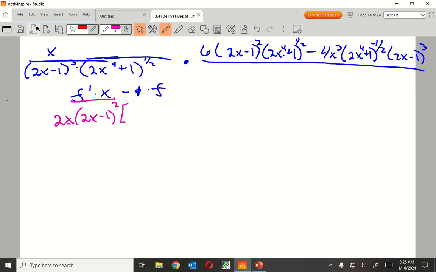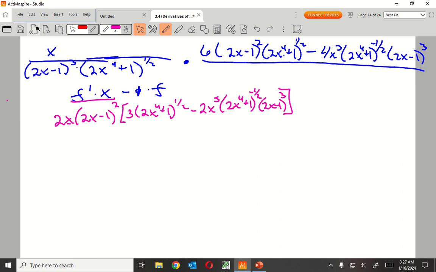And by doing that, it was 3 quantity 2x to the fourth plus 1, 1/2 minus 2x cubed, 2x fourth plus 1, negative 1/2, 2x minus 1 third. That's all that piece right there.